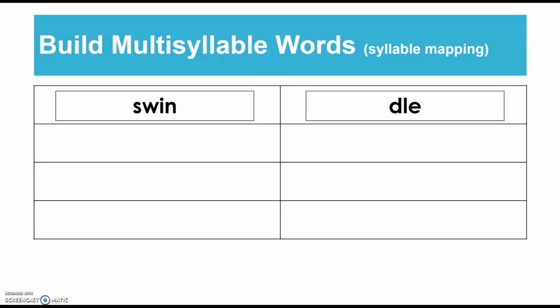The next word is example. What's the word? Example. Let's tap out the syllables for example. We have example. This one has 3 syllables. The first syllable is X. Spell X in the first box.